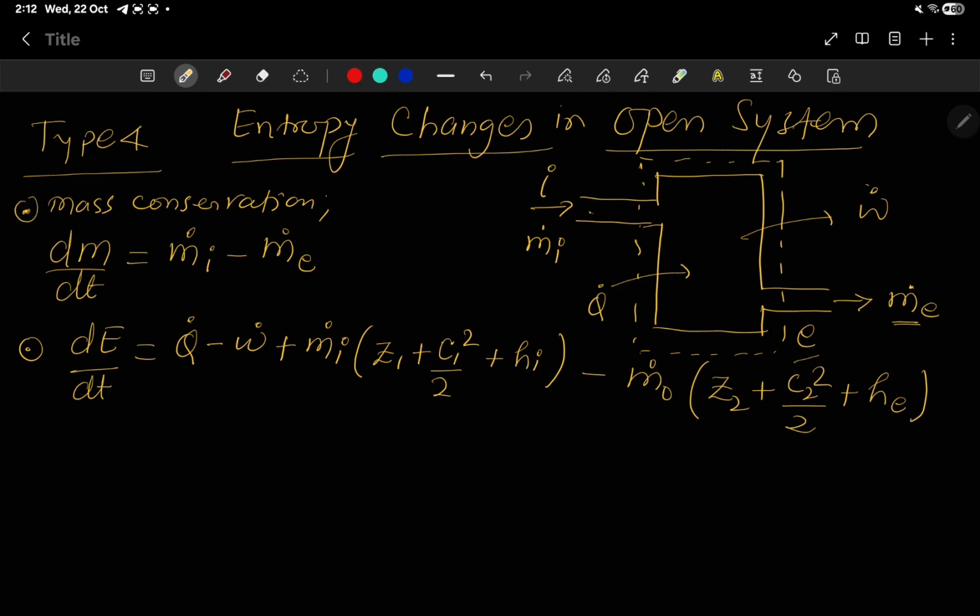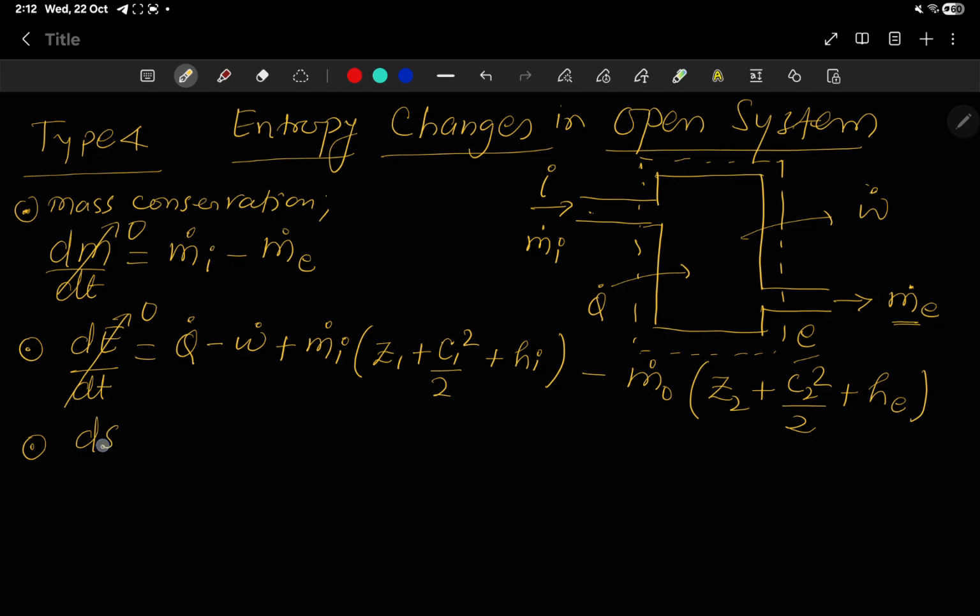This is energy balance equation for open system, and if it is steady state, this will be 0, this will be 0. And the last equation is entropy balance for this open system.